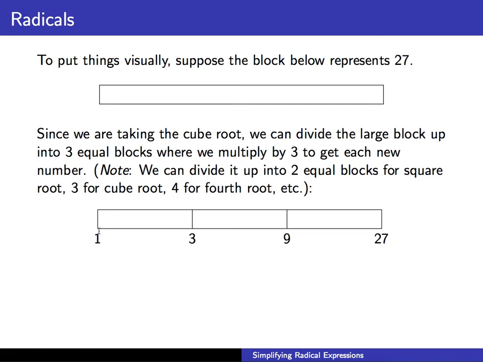So we'll start with 1, and 1 times 3 gives us 3. 3 times 3 gives us 9, and then 9 times 3 is 27. So we have 3 equal blocks where to get from one to the next, we multiply by 3. We can divide it into 2 equal blocks for square roots, 3 for cube roots, 4 for fourth roots, etc. Whatever root we're taking, that's how many blocks we divide it into. So in this case, 3.